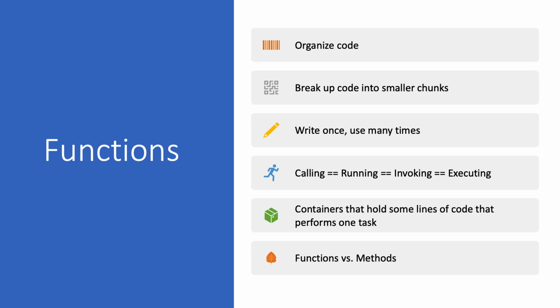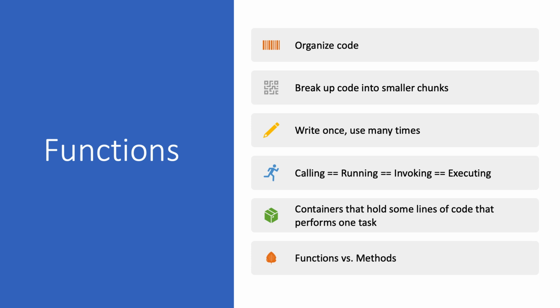So we define our function by storing all the code into that one chunk, then we can reuse that function by calling it from anywhere in our application. Actually, the term calling a function can be substituted by running a function, or invoking a function, or executing a function. So basically, all mean the same thing.